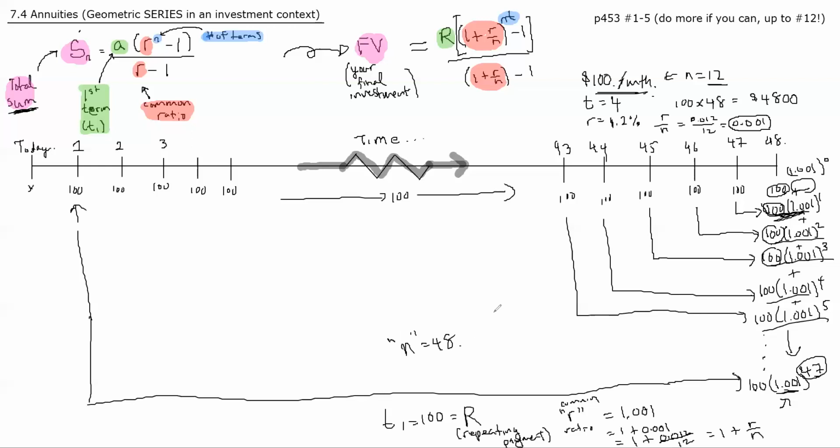In the financial investment context, the number of compound periods times the number of years is 12 times 4, which is 48. So they match up. Every single one of these numbers match up. And the common ratio minus 1, that's 1.001 minus 1, it all matches up.